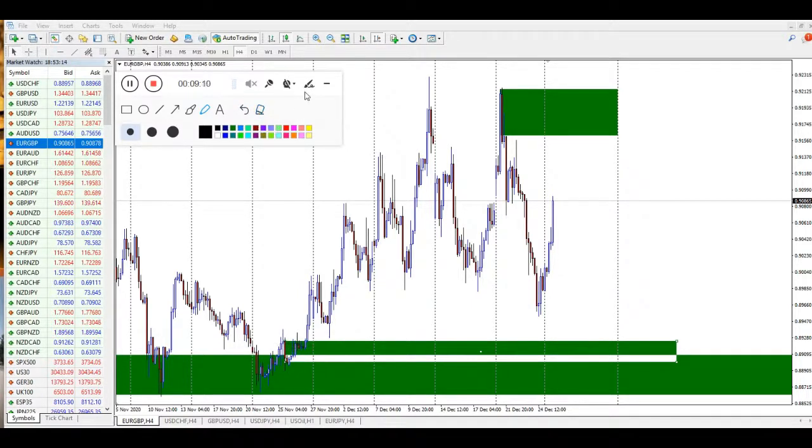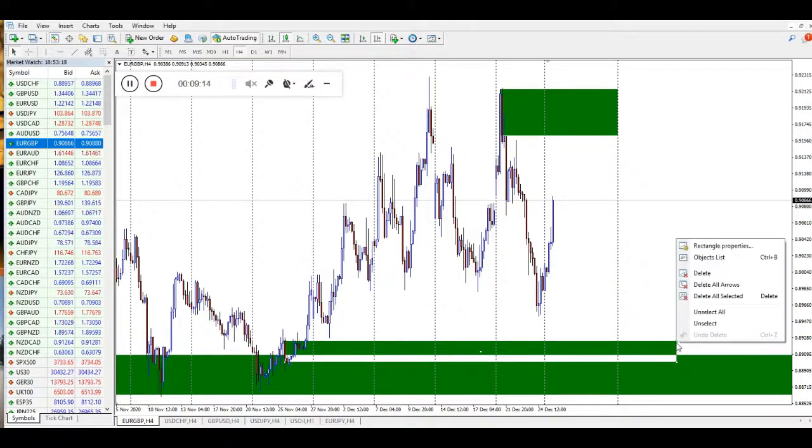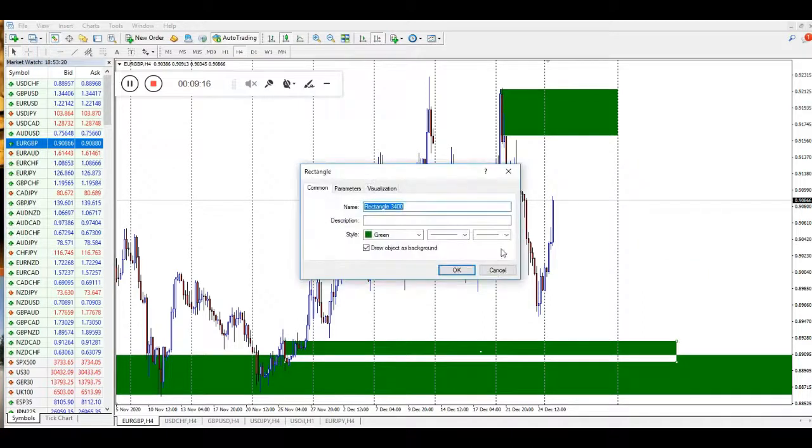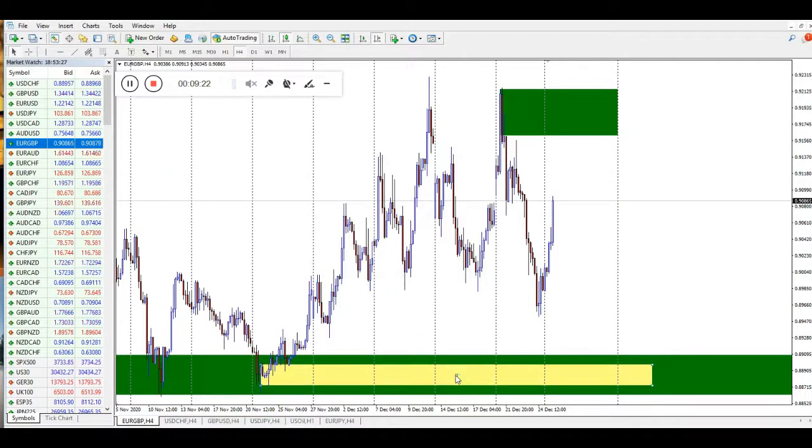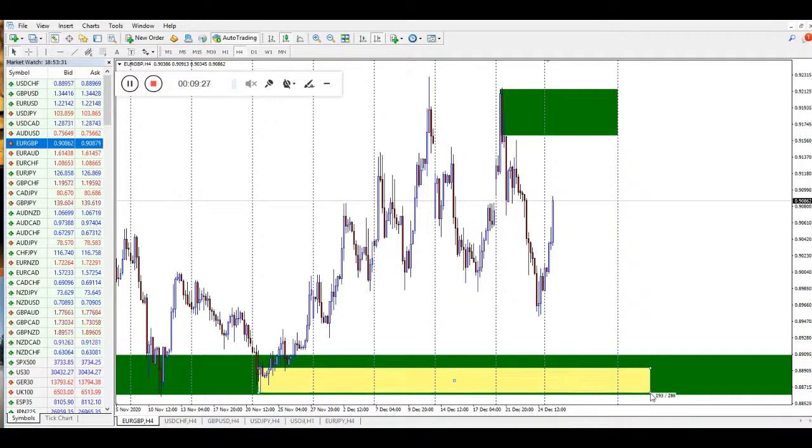So we do have one, but it is nested inside the daily demand zone. So our untested area of demand is this one.